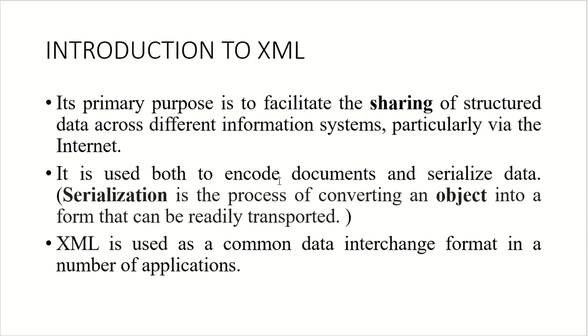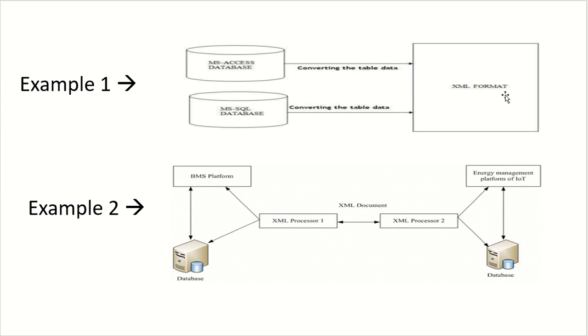It is used both to encode documents and serialize data. Serialize means, serialization is the process of converting an object into a form that can be readily transported. So in XML format, any database will convert its table into XML format. Now this XML file will be a text file that can be transferred with the application information to another client.